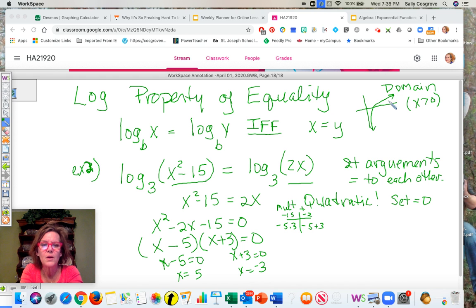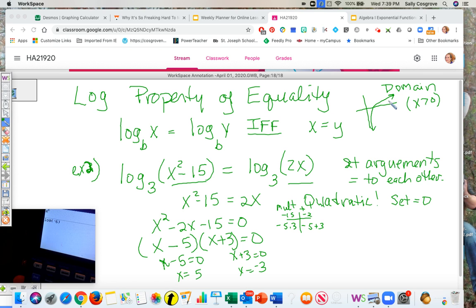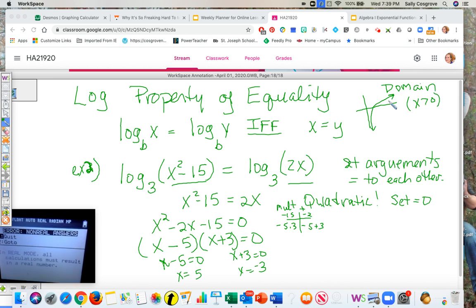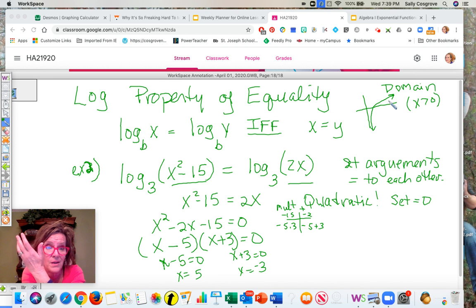Log of negative 6, and now I'm going to hit enter. And look what it wrote. Can't do it. You can't take the log of a negative number, not in the real number system.